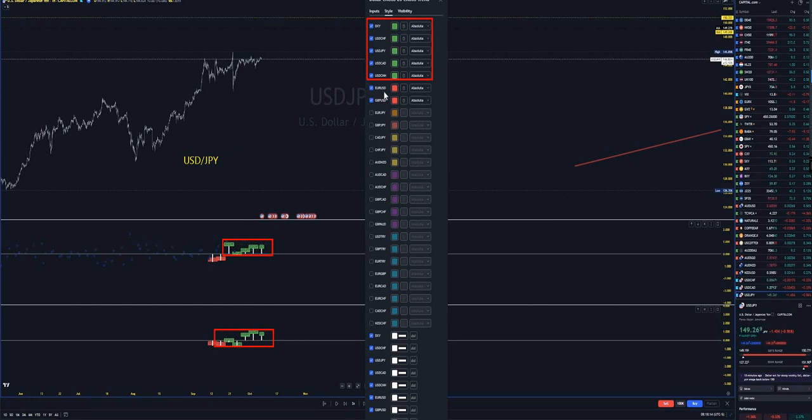And at the same time, euro dollar and British pound sterling must be below zero. The red have to be below zero, the green have to be above zero. Then I take a long trade in Japanese yen.